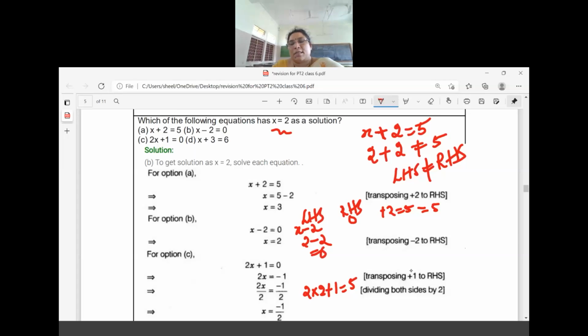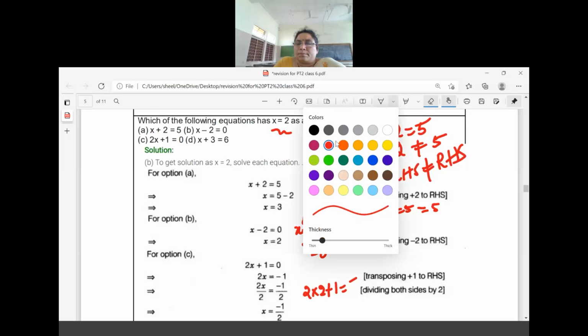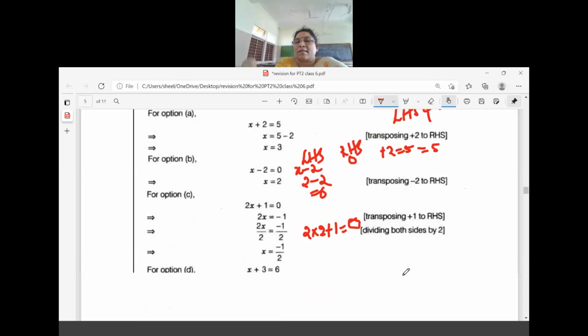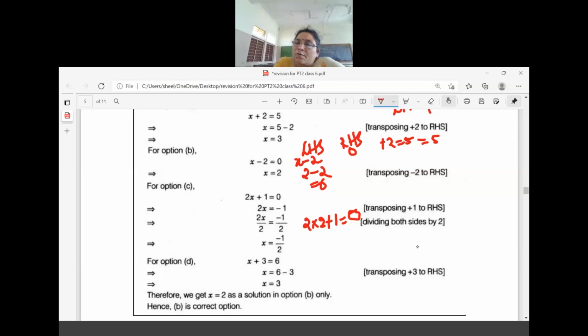Now you are having LHS and RHS equal to 0. Now what is the next question? 2x plus 1 equal to 0, not 5. That means our RHS is 0, we should get 0, but LHS we are getting 5. So 5 not equal to 0. So again, it is not a solution.